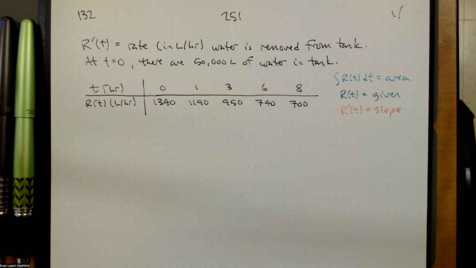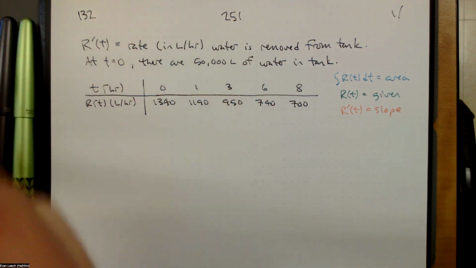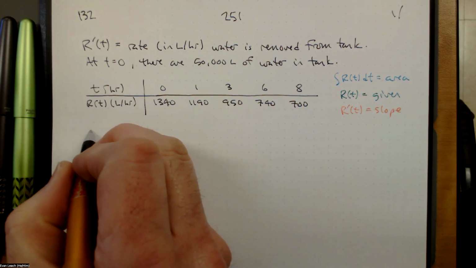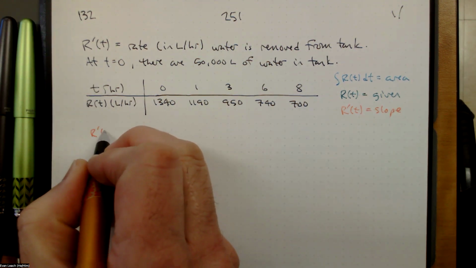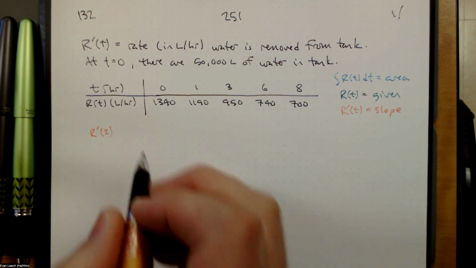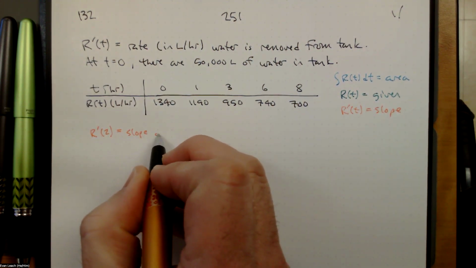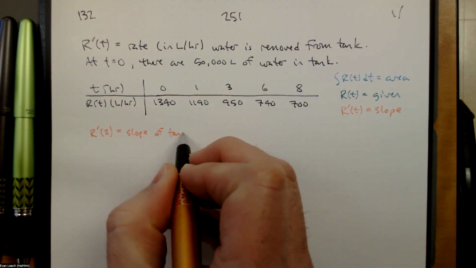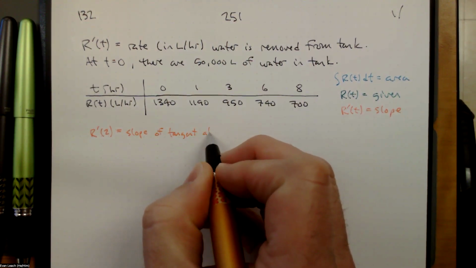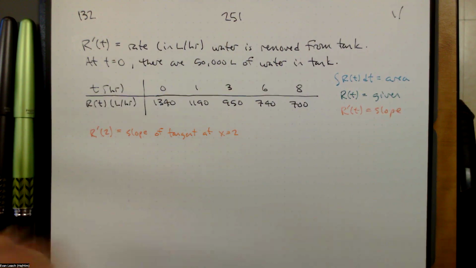Now the interesting thing about what's going on here is that we have to estimate what's going on at 2. So in the first problem, I wanted to calculate r prime of 2, which is going to be the slope of the tangent at x equals 2.